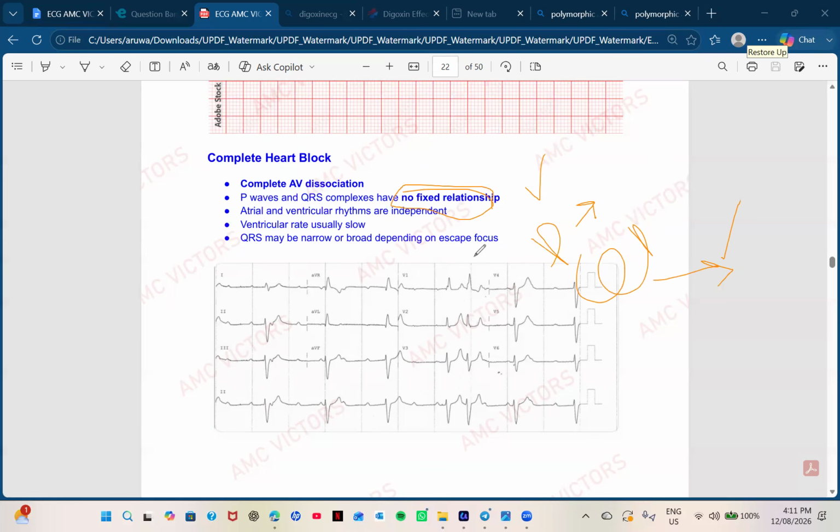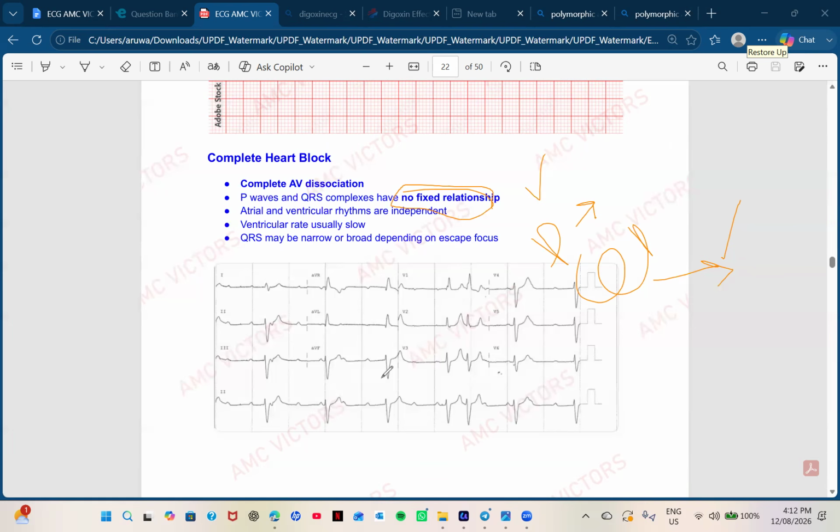The atria are conducting in their own rhythm and the ventricles are conducting in their own rhythm, contracting in their own way. So atrium and ventricle rhythms are independent. The ventricular rate is usually slow, and the QRS may be narrow or broad depending on the escape focus.